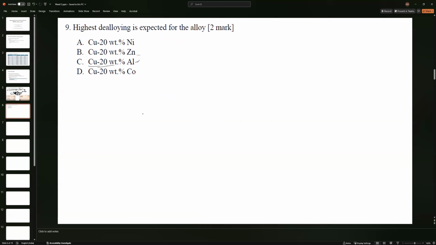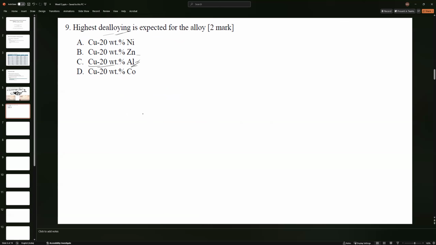I didn't find any papers which calculate the de-alloying effects. So with the lack of data, you just have to go with it.